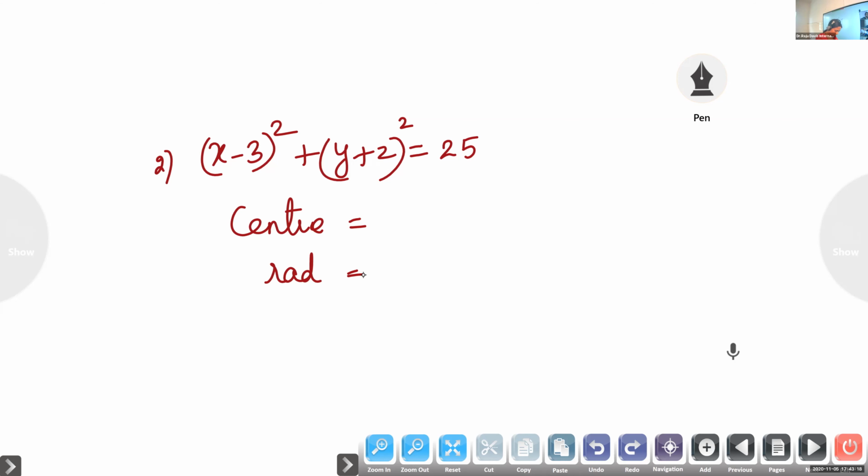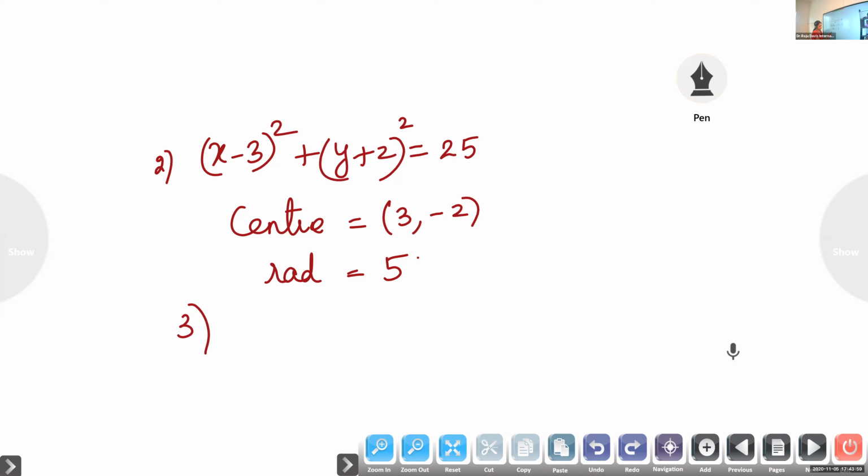Anthony, can you give the center? Ma'am, 3 and 2. Check this. Minus 2. And the radius is 5.